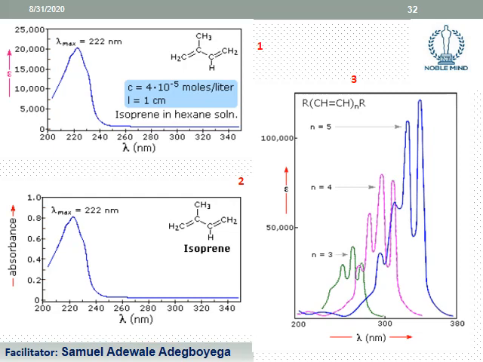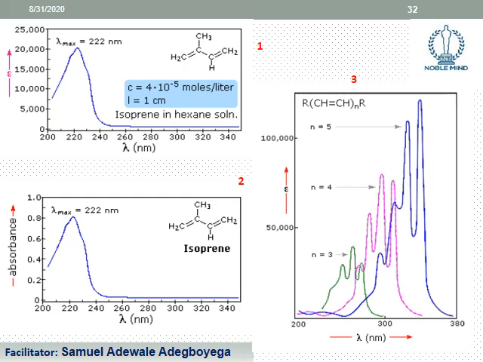Here we want to show you a few examples of the spectra. We try to label them 1, 2, and 3. You see this compound called isoprene here, which is 2-methylbuta-1,3-diene.